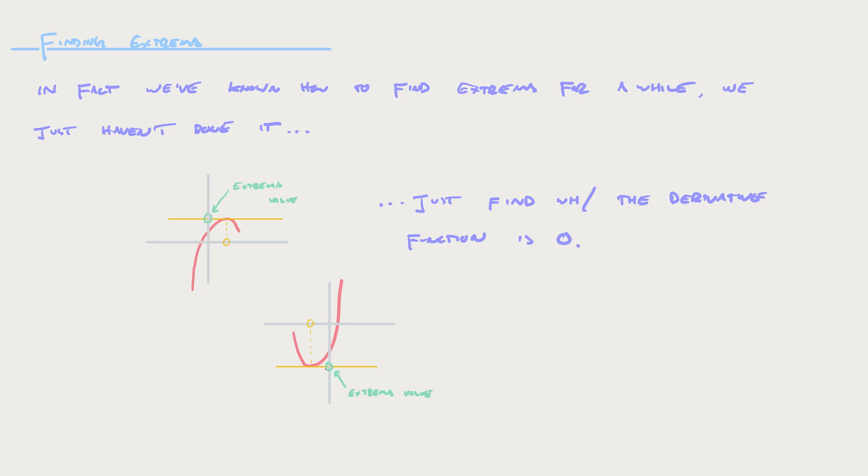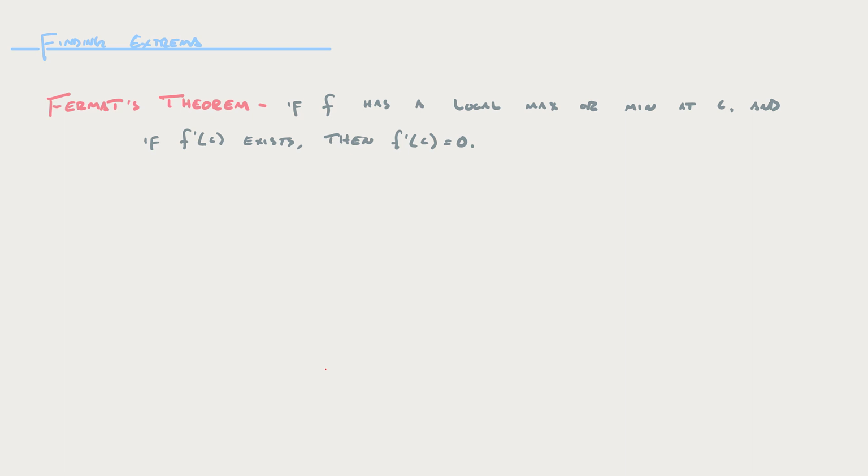So all you need to do to find these extrema is differentiate your function, set it equal to 0, and see what you get. What those x values are going to produce extrema in your original function. In fact, this is a theorem. Fermat's theorem says that if f has a local max or min at c, and if f prime of c exists, then f prime of c is equal to 0.